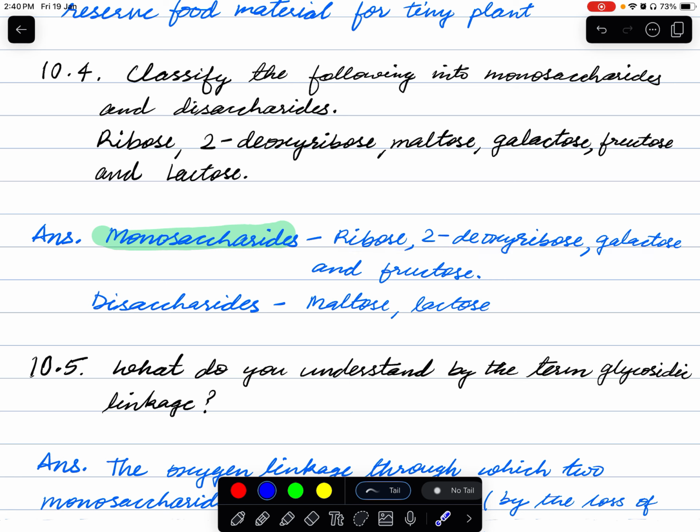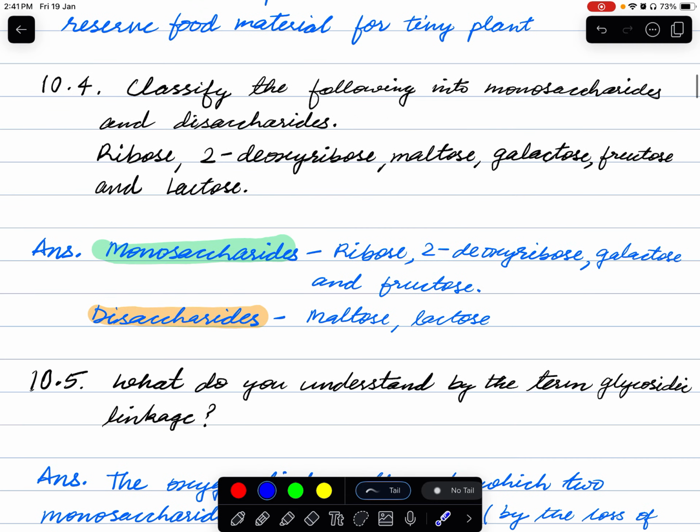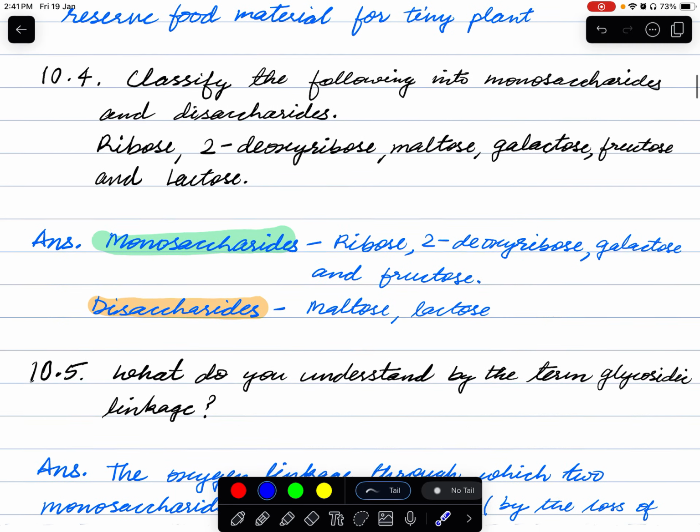And disaccharides are those which are made up of two sugar molecules. So they are maltose, that is malt sugar, and lactose, the sugar which is present in milk. So this is all about different types of carbohydrates.